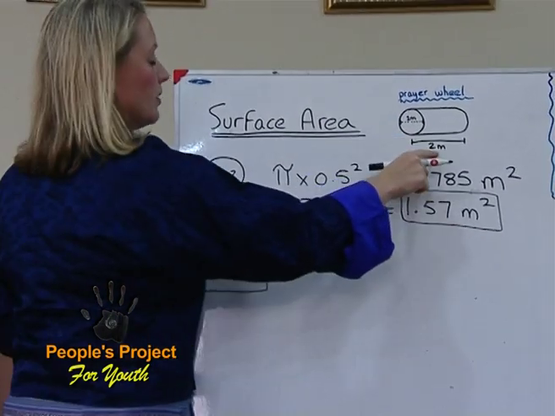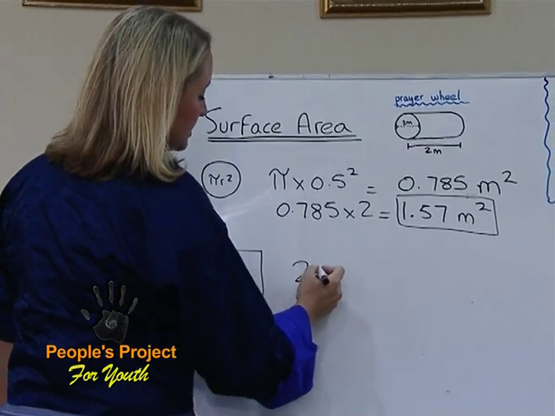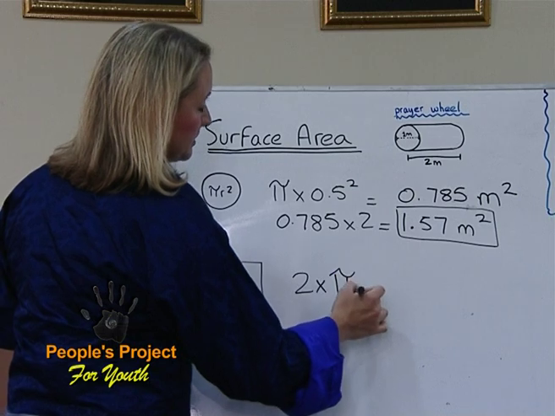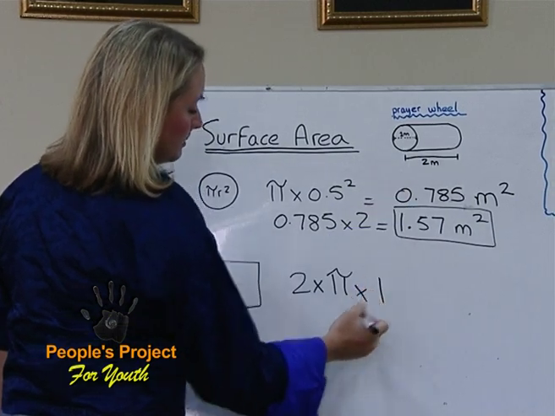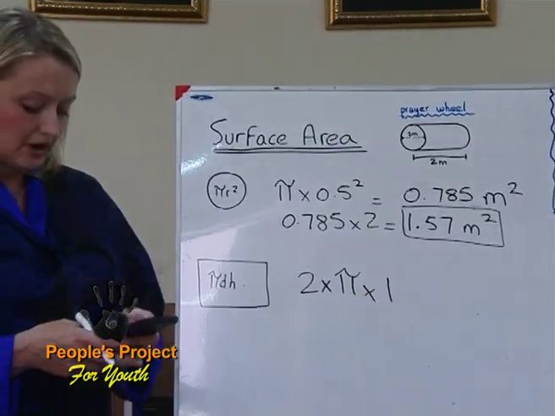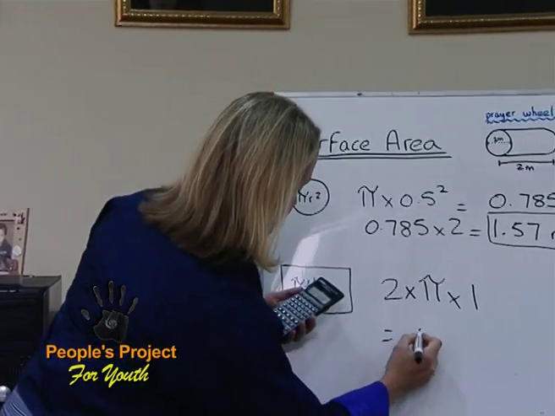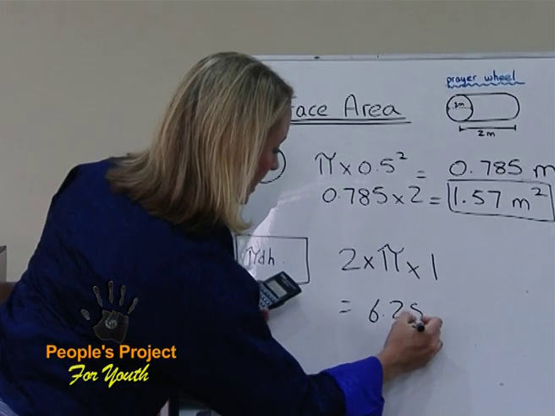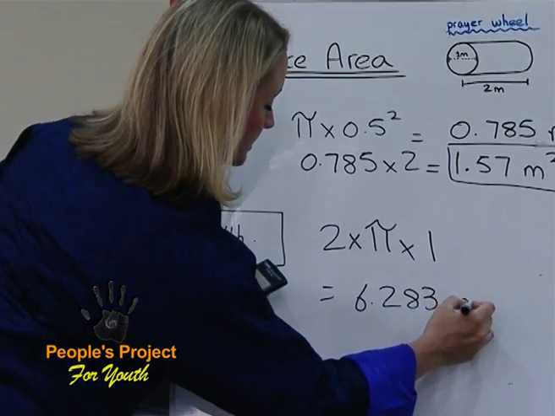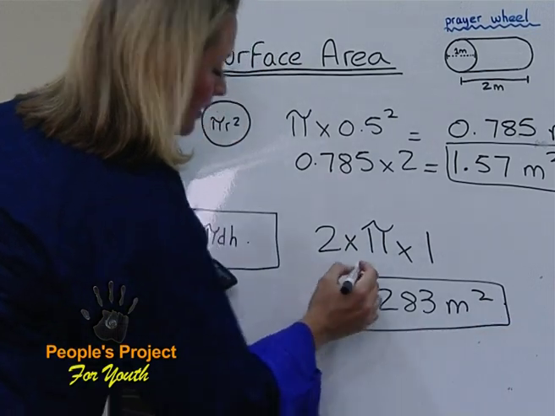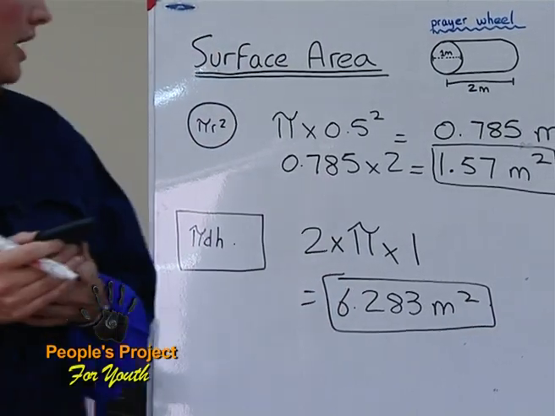So the height of my prayer wheel is 2 metres times by pi, and the diameter of my prayer wheel is 1 metre. 2 times pi times 1, and the answer is 6.283 metres squared. So that's the area of the curved portion of the prayer wheel.